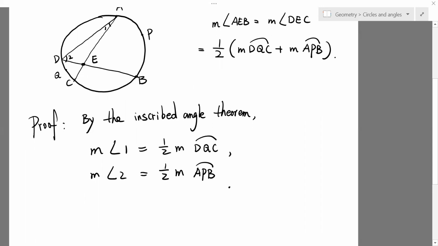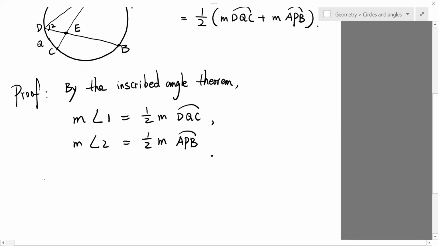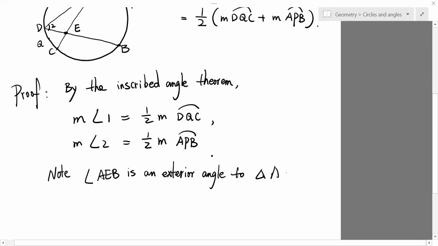So if we put this observation together, we note that the angle AEB is an exterior angle to the triangle ADE.